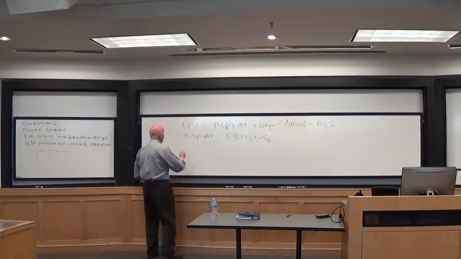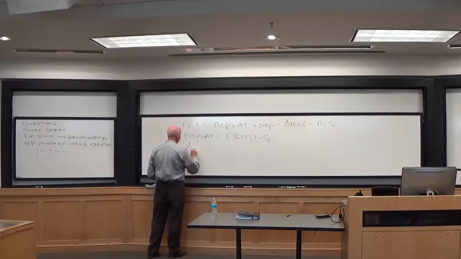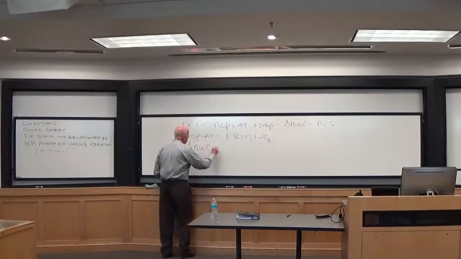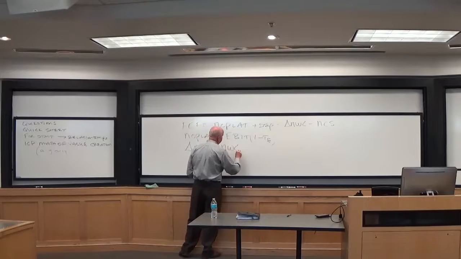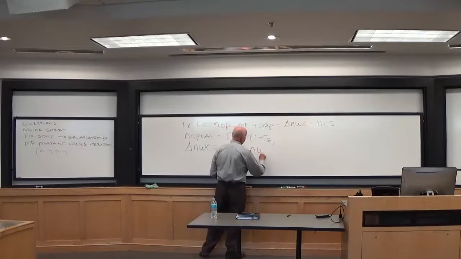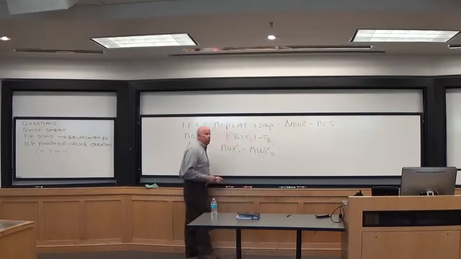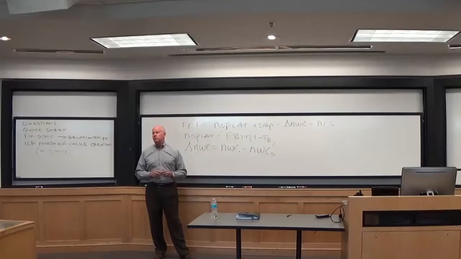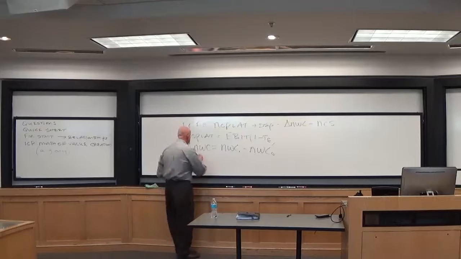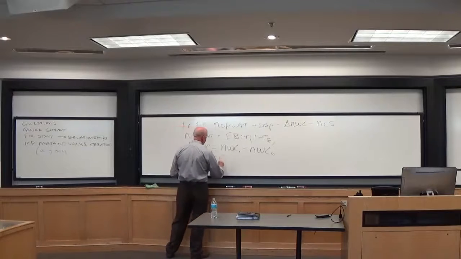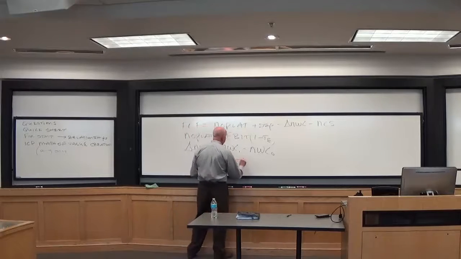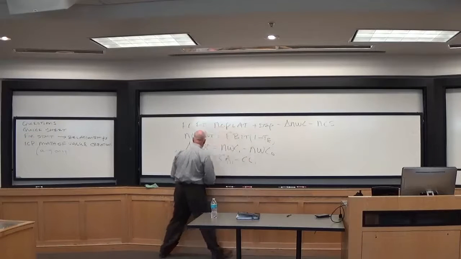that's NOPLAT. Change in net working capital is the net working capital from time 1 minus the net working capital from time 0. What's net working capital? Current assets minus current liabilities. Yeah. Current assets from one period minus current liabilities from the same period.